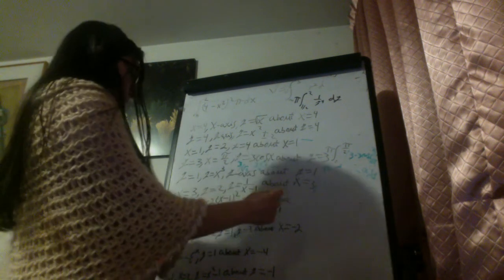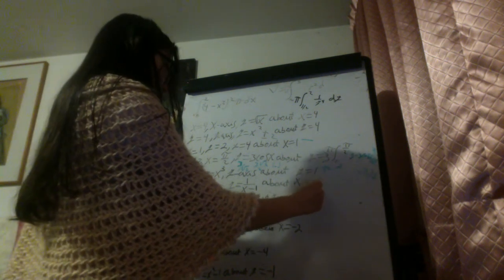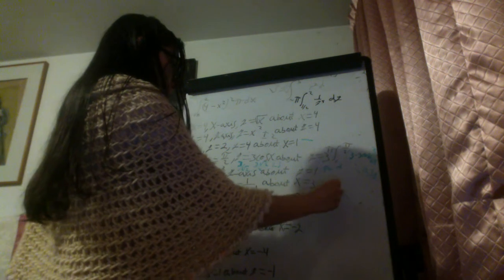So this would be 2 is equal to 2 times x minus 1 all squared.